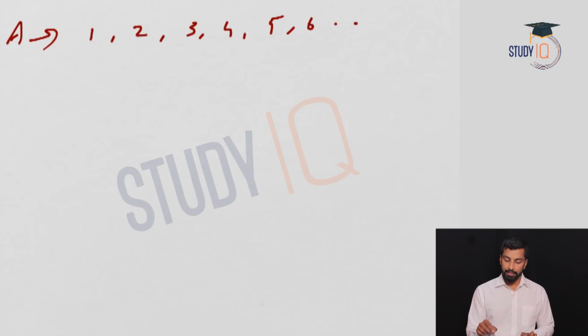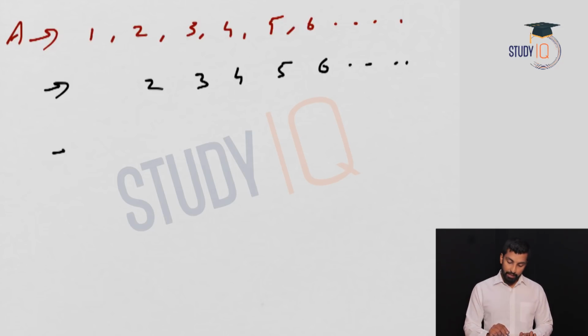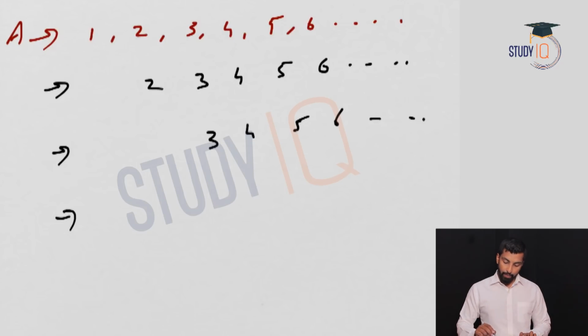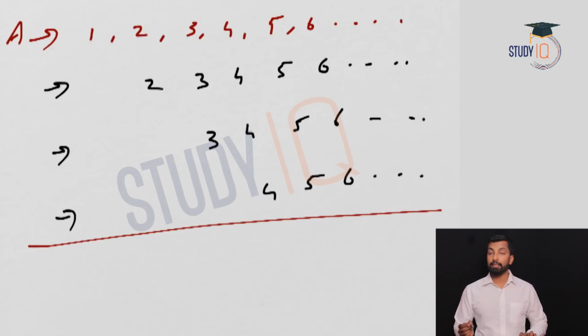One person A came and wrote numbers like 1 2 3 4 5 6 etc. Another person came and wrote 2 3 4 5 6 etc. Another person wrote 3 4 5 6 etc. Another person wrote 4 5 6 etc. So what is the total sum of numbers involved on the board?